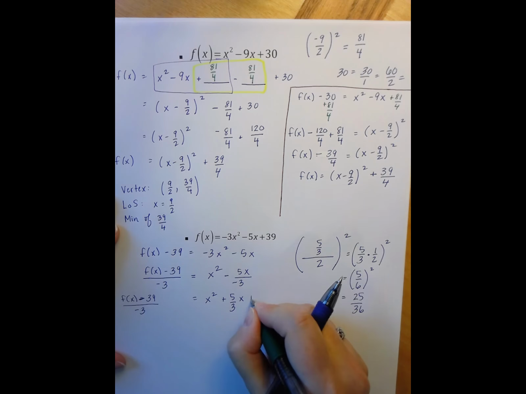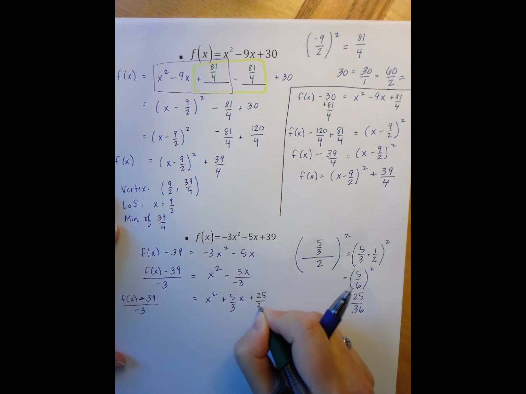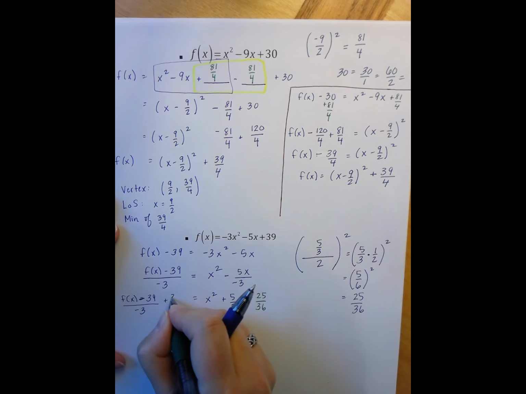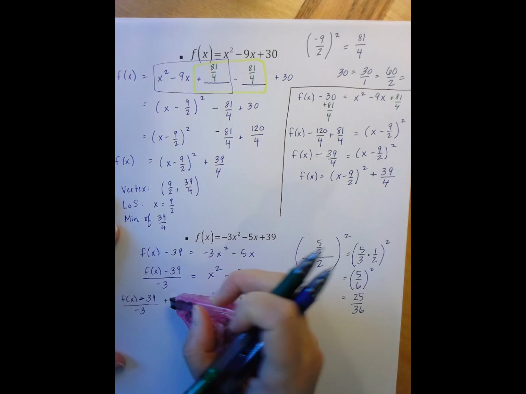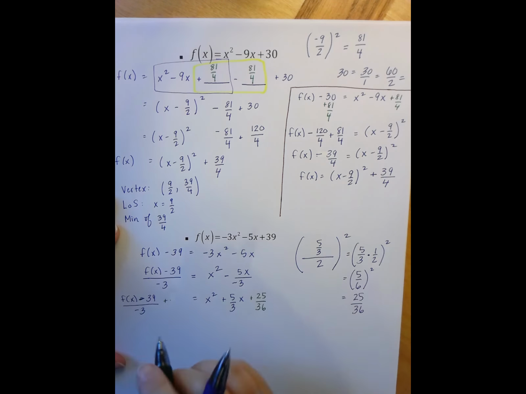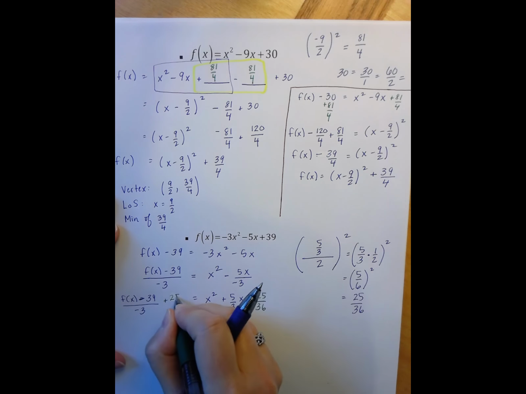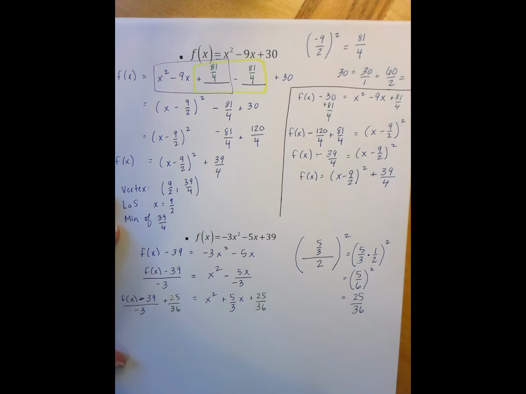I'm going to add 25 over 36 on the right-hand side, and on the left-hand side. On my right-hand side, I'm now ready to write it as a perfect square binomial. So x plus 5 over 6 squared.